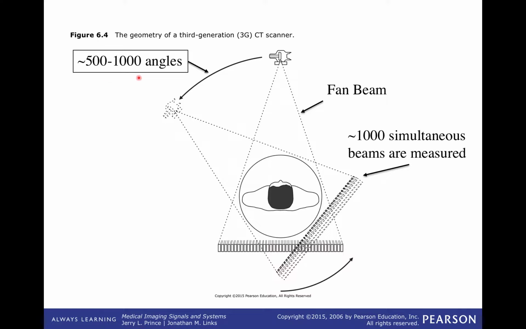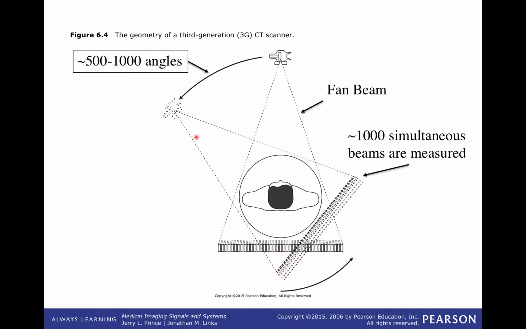And one of the things we'll figure out is how many angles do you have to take to get a decent picture, right? It's more than 8, less than 1 million, somewhere in between, right? So we'll figure that out. And this is called the third generation CT scanner, and the CT scanners basically stayed like this, right?